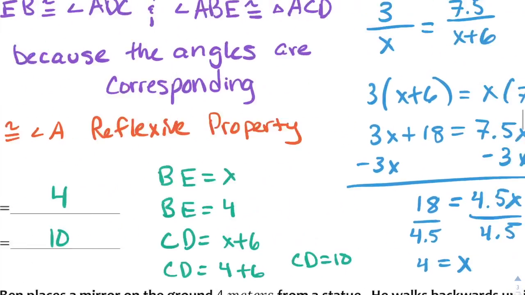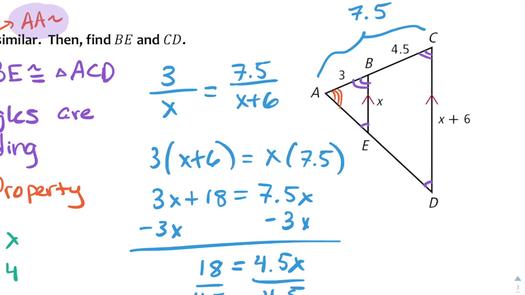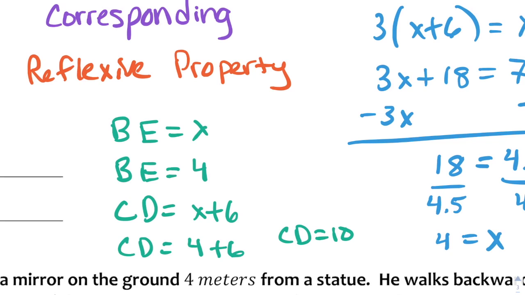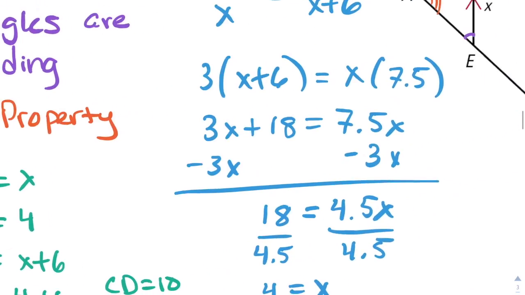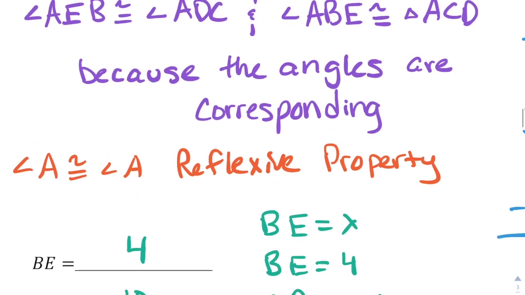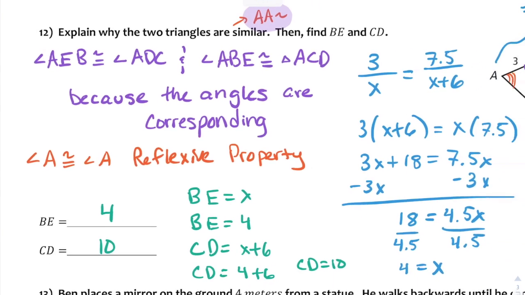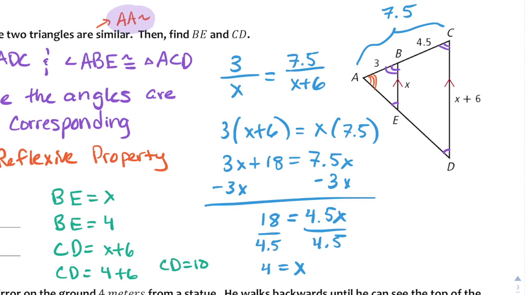So when we know x is 4, we put 4 in. BE equals x, and we get 4. We put in 4 for CD. So we have 4 plus 6, which is 10, so CD equals 10. I have those evaluated. I have angle A and it's congruent to angle A because of the reflexive property. I've listed everything here. This should be quite an easy problem when it's all said and done with all nice numbers.